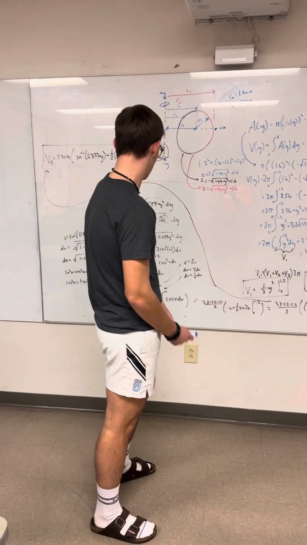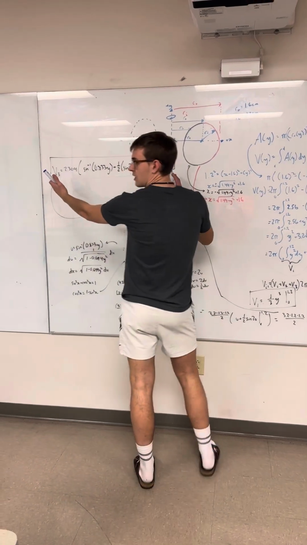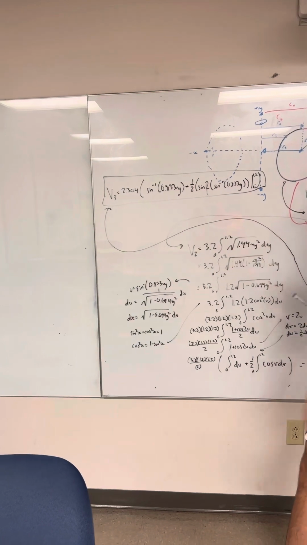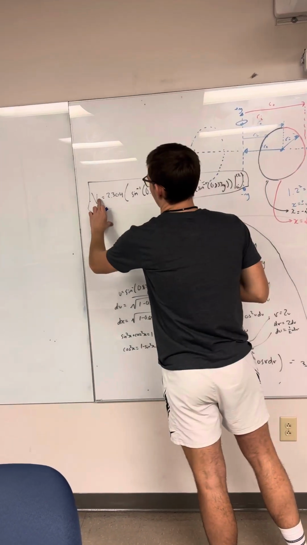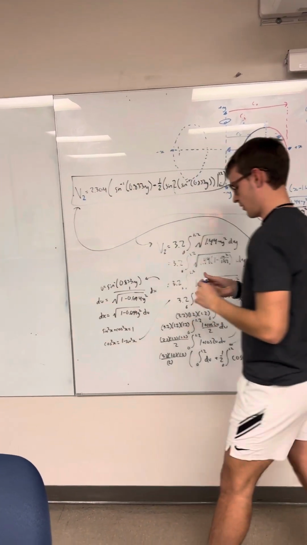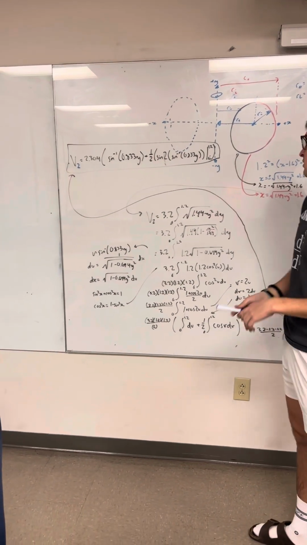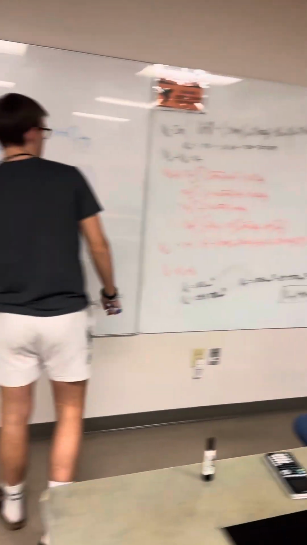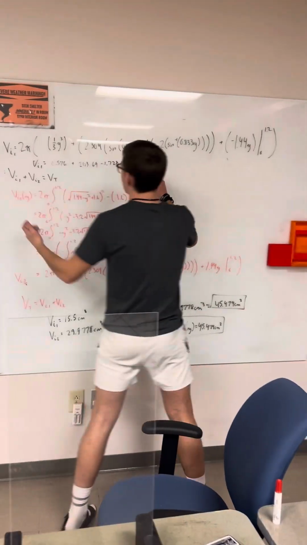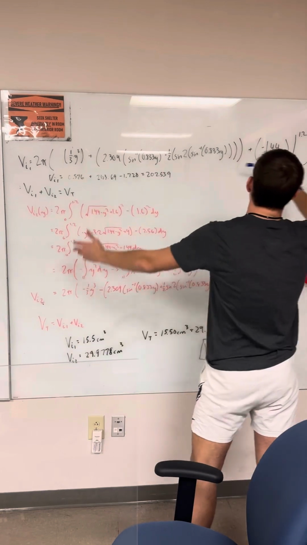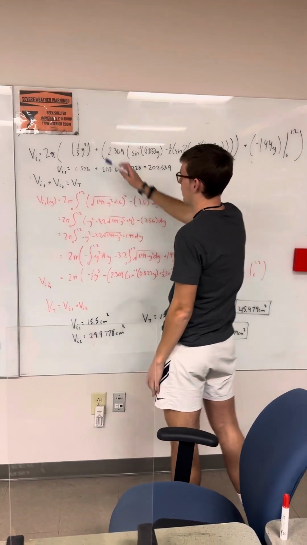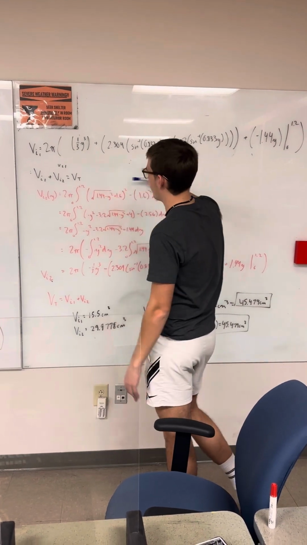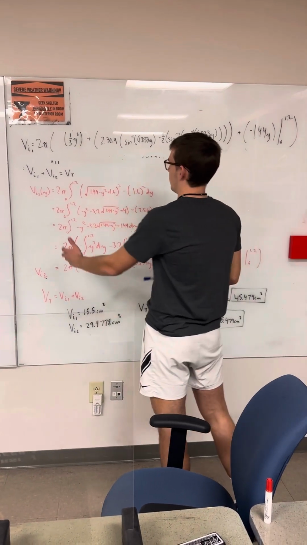This piece right here is how I defined the second volume, not the third, the second volume. I used inverse sine, stuff like that, and I think it worked out. From over here, you can see that I wrote out the entire integral in terms of y and integrated it, and this is what I found.